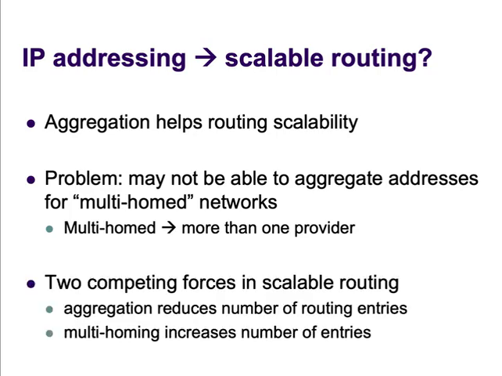And so where we end up at typically is just how the two factors play out. On the internet, you will see some providers that worry a lot about multi-homing making their tables larger. In certain parts of the network, there isn't much multi-homing, so you get very nice aggregation and scalability. But there's no solution, per se, to multi-homing. It exists, and it causes us some scaling challenges.